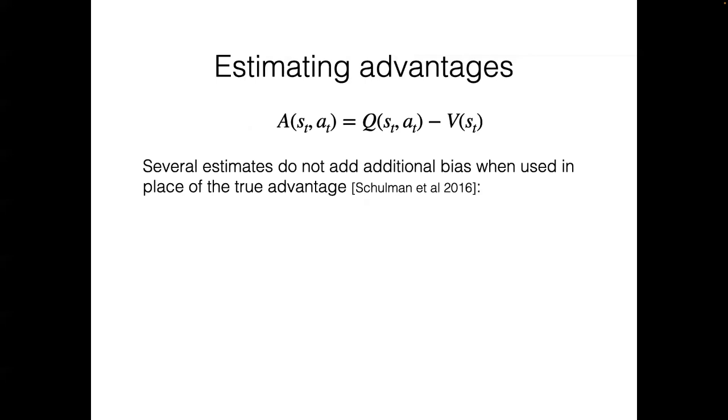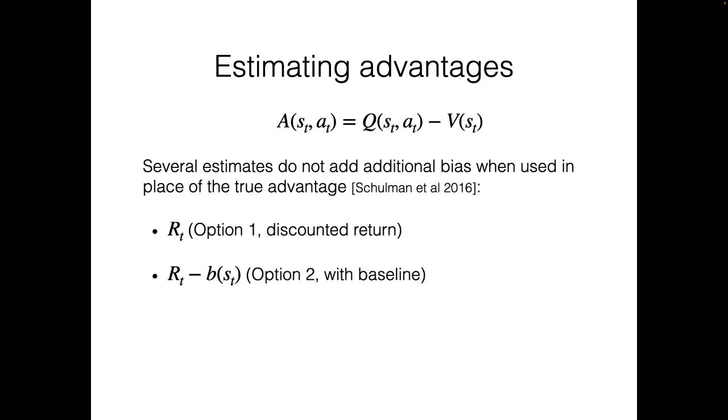So there was this nice paper from 2015 or 2016, from the same author who created PPO and the algorithms that PPO is based on. They basically showed that the following options, actually the ones that we already saw, are different estimates of this advantage. In particular, they don't add any additional bias when used in place of the true advantage, but they might have really high variance.